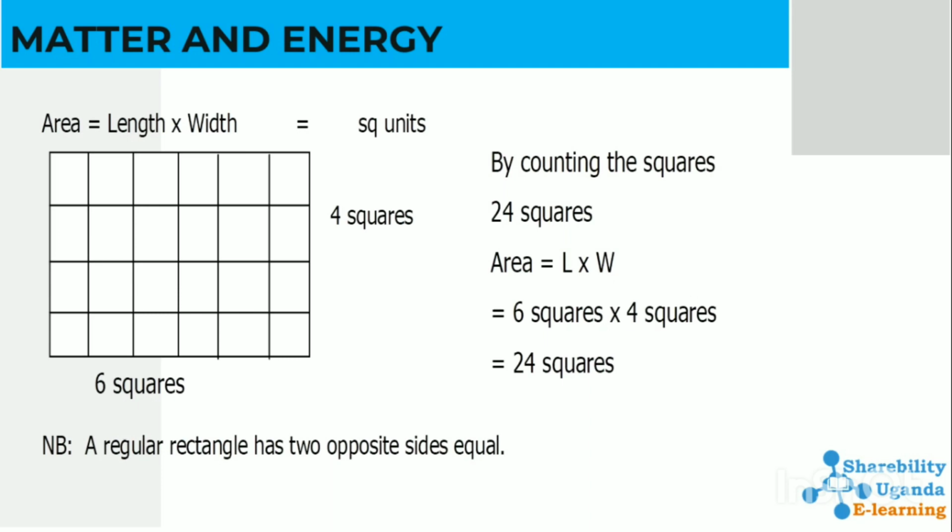We count the squares on the width, and then multiply it by the number of squares on the length side. So the length has 6 squares multiplied by 4 squares on the width, and then we get 24 squares, which is the total area of this rectangle.